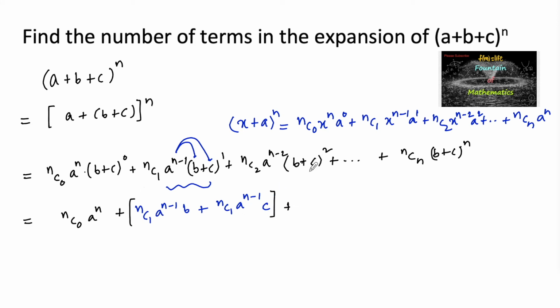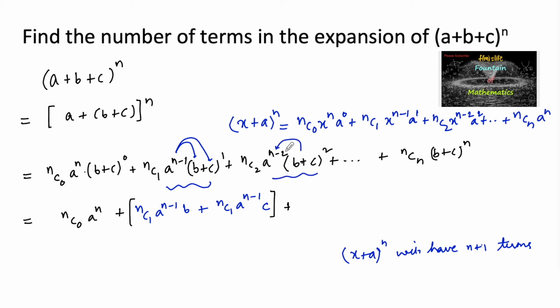And similarly in the third term, since the expansion of (b plus c) whole square will have three terms, we know that the expansion of (x plus a) whole power n has n plus 1 terms. The number of terms in the (x plus a) whole power n expansion is n plus 1. So here (b plus c) whole square has 3 terms.